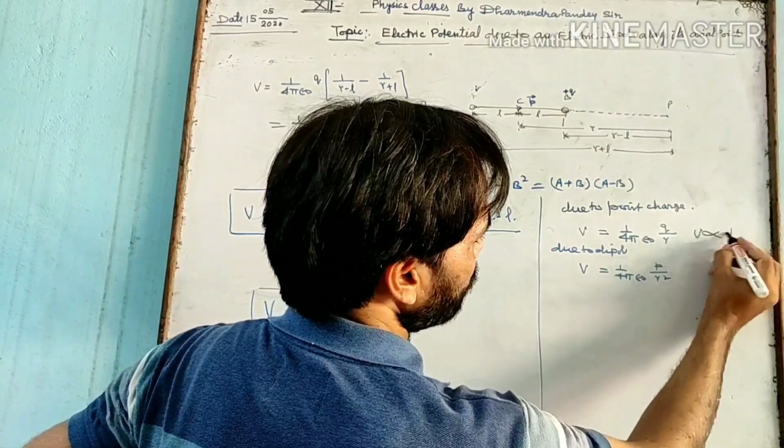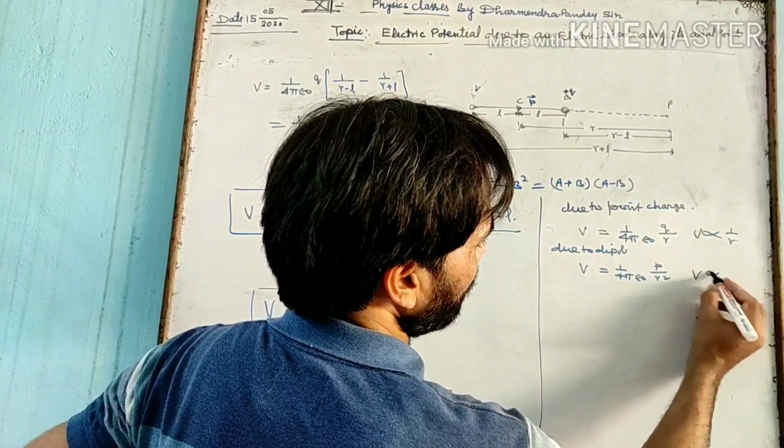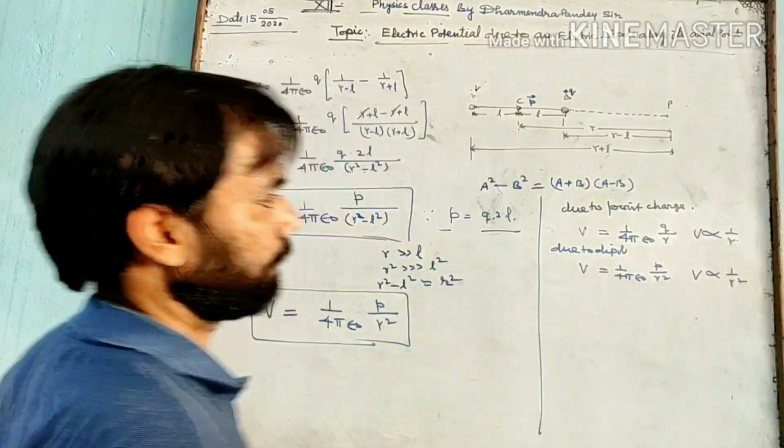Here V is proportional to 1 upon r square.